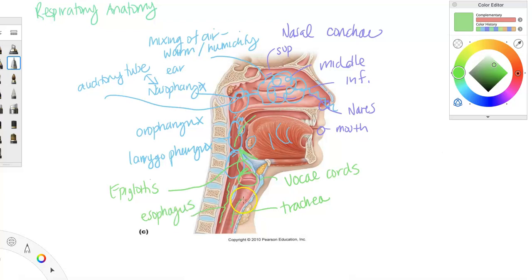So the esophagus is just posterior and kind of lies on top of the trachea on the back side. This whole area is kind of rounded by cartilage. So this is the thyroid cartilage here.